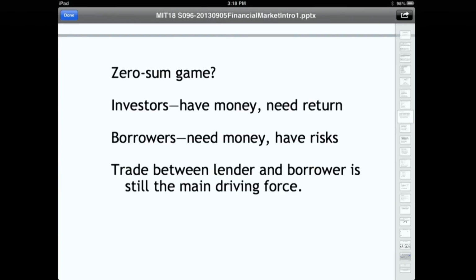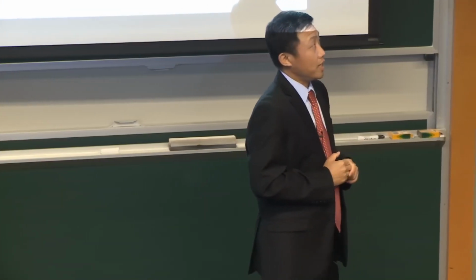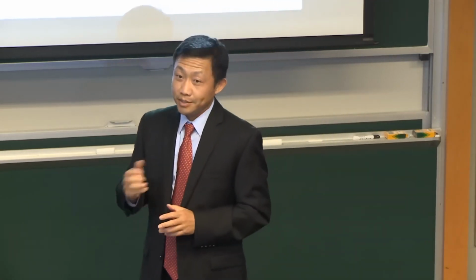It's really the need to bridge between the lenders and the borrowers. That's really coming down to the essential relationship. Investors who have money need to have better yield or better return. In the current environment, when you have a savings account, you don't really earn much at all.